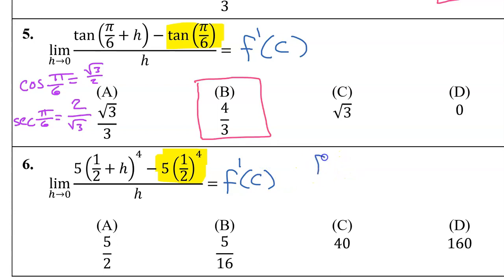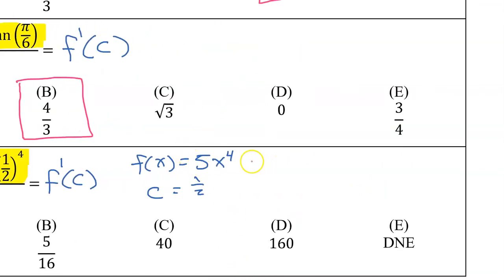But f of x must be 5x to the 4th power. And c must be 1/2, since that is what is being plugged in. So c is 1/2. So let's begin to evaluate f prime at c.